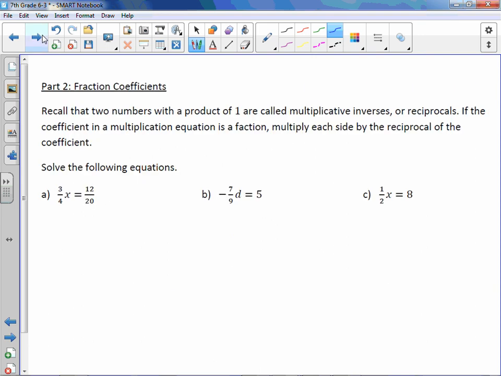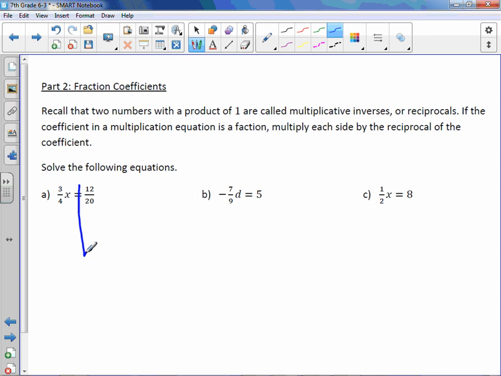Fraction coefficients. Recall that two numbers with a product of 1 are called multiplicative inverses or reciprocals. If the coefficient in a multiplication equation is a fraction, multiply each side by the reciprocal of the coefficient. So here we have, in letter A, 3/4 x equals 12 over 20.